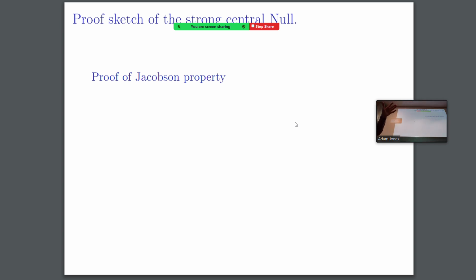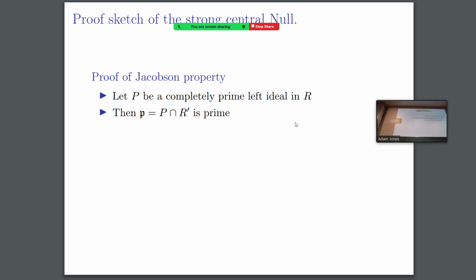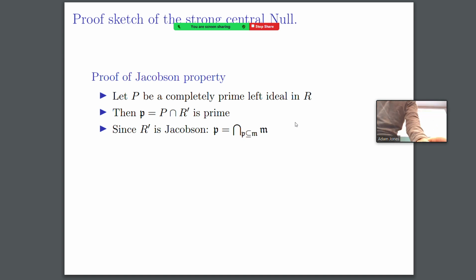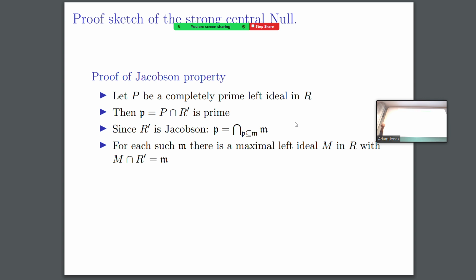Okay, given these technical lemmas, I can tell you the proof of the Jacobson property. Take a completely prime left ideal P in the ring. Then its contraction to the center is a prime ideal, just by definition in the usual sense. And since the center, just polynomials over the real numbers, is a Jacobson ring, this contraction is an intersection of the maximal ideals containing it. By the going up lemma, every one of these maximal ideals lies beneath a maximal left ideal in the ring we started with.